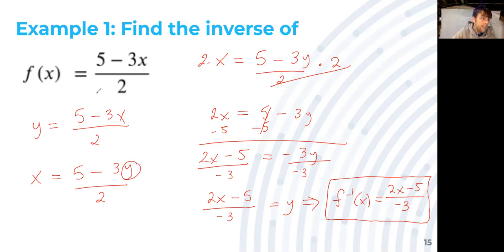When you look at the two functions, you should notice their differences. I have a positive 5 in this one, and over here, I have a negative 5. I'm dividing by 2 in this function, where I'm multiplying by 2 in this function. In this one, I'm multiplying by negative 3, but in this one, I'm dividing by negative 3.